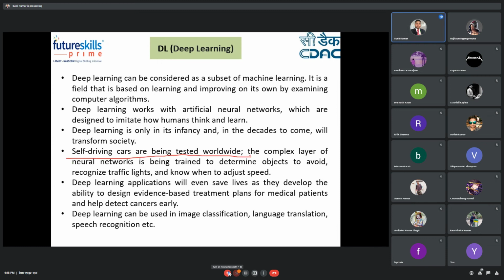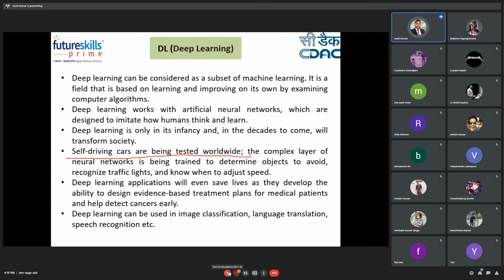Self-driving cars are an example I have given already. In a self-driving car there is no physical driver present, but the car will be driven. How will it wait, how will it stop when a traffic light comes, how will it recognize that it has to give way to an ambulance? All these things we are trying to implement under deep learning.